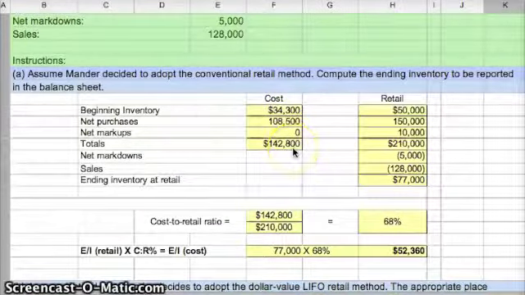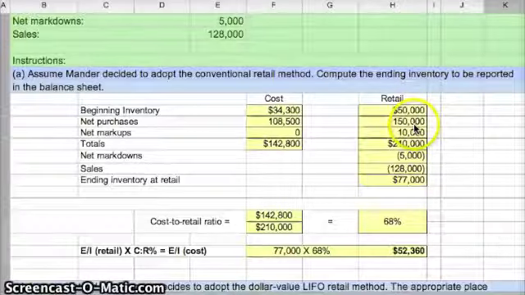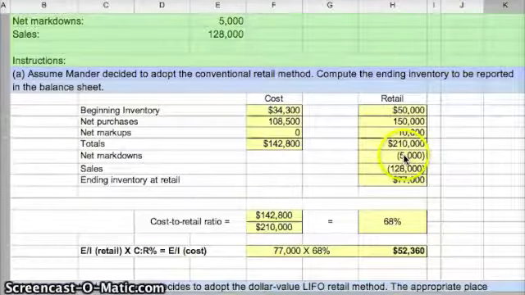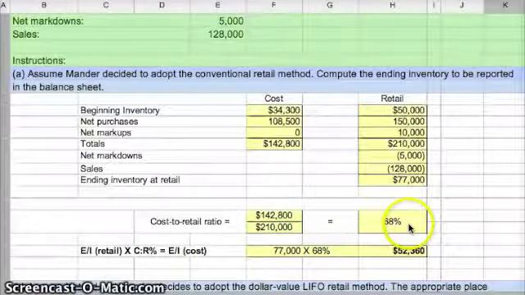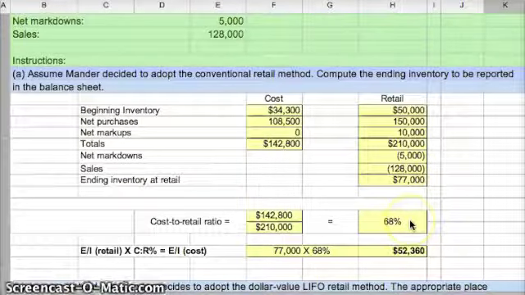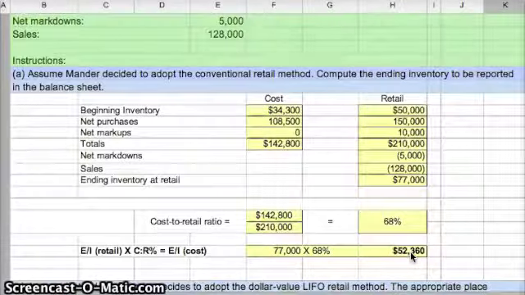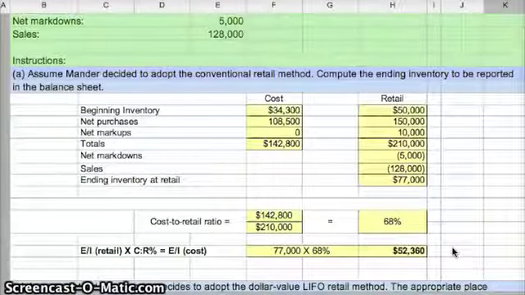Total is 142,800, so we take that and divide that by beginning plus purchases and add markups, but do not consider the markdowns. So you're going to have a ratio denominator of 210. That's 68%. So you just take the 77% times 68%, and your ending inventory at cost under the conventional method is 52,360. So that is easy squeezy.